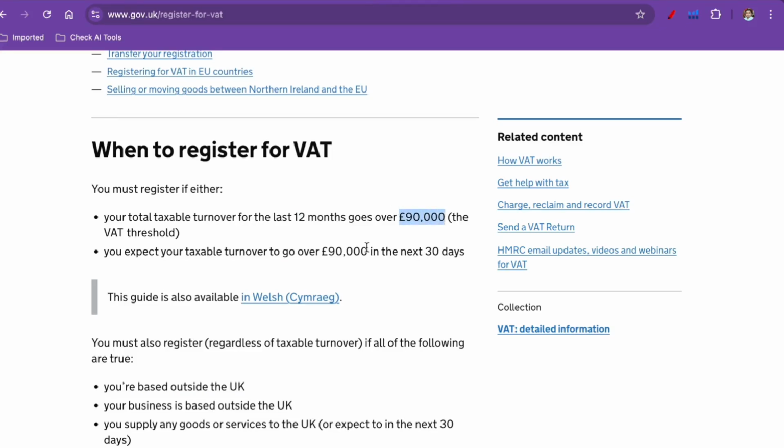So you do not need to register for VAT. You're only going to need to register for VAT when you think your sales are going to go over 90,000 pounds in a 12-month period. Then registering a limited company is going to be the legal requirement at the end of the day.